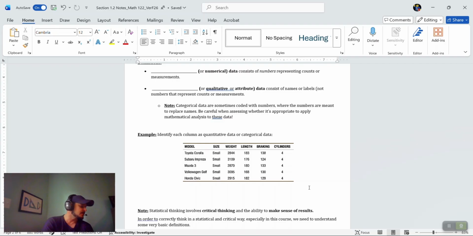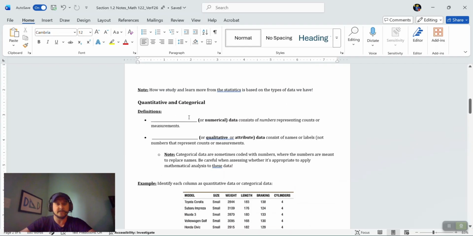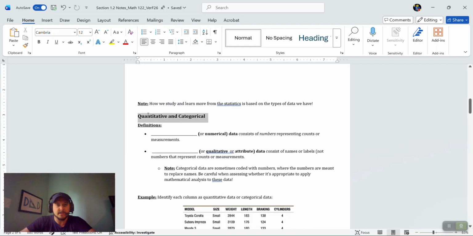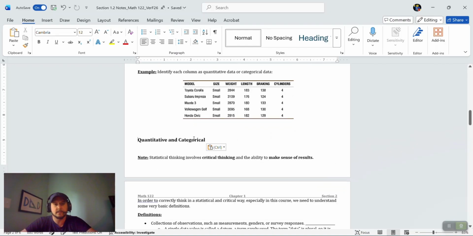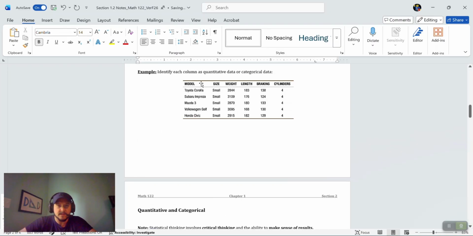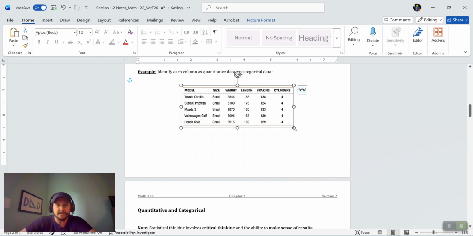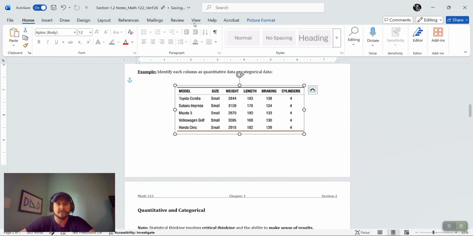So with that, let me create another subsection. Maybe I'll leave some space for annotations and make this a little bigger.